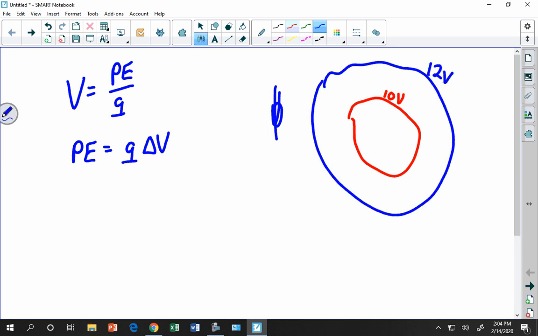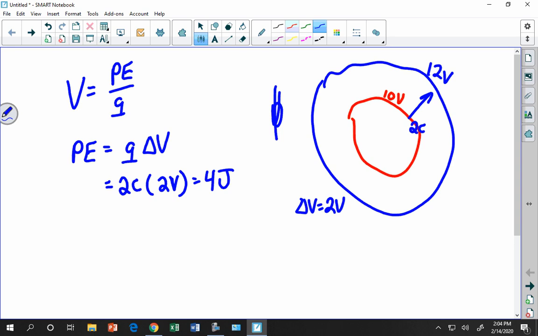Then as I have a particle that goes in this direction, it has a delta V equal to 2 volts, and it's going to gain energy when it does that. Okay, and so my particle, say it was a 2 coulomb charge, would gain an energy of 2 coulombs times 2 volts would be 4 joules of energy.